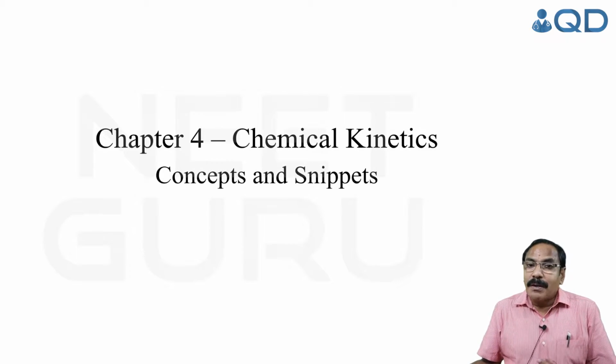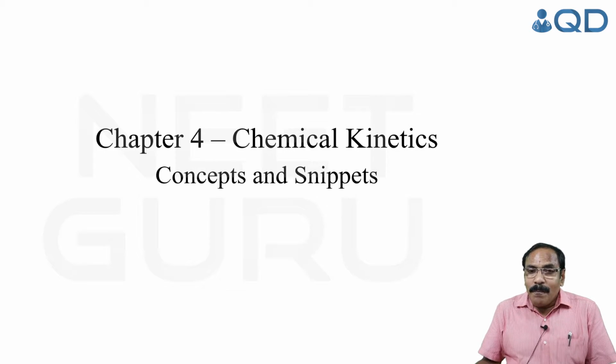Today we are going to discuss chemical kinetics, a very interesting chapter in physical chemistry. As you know, thermodynamics deals with feasibility of a process, or whether a process is spontaneous or not. Equilibrium deals with the extent of a reaction, how far a reaction will proceed, whereas chemical kinetics deals with the rate or speed of a reaction.